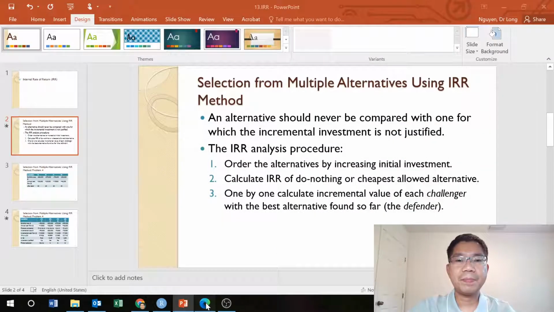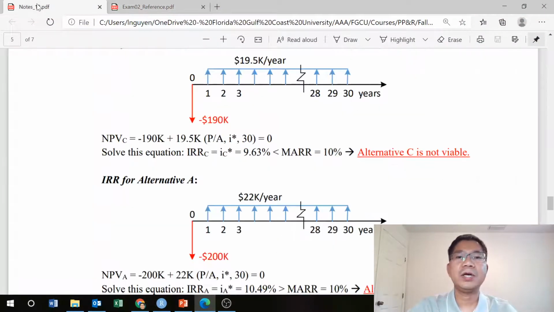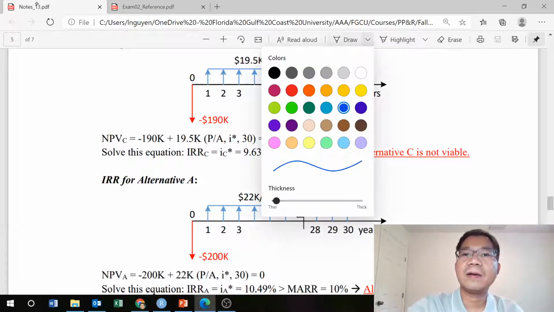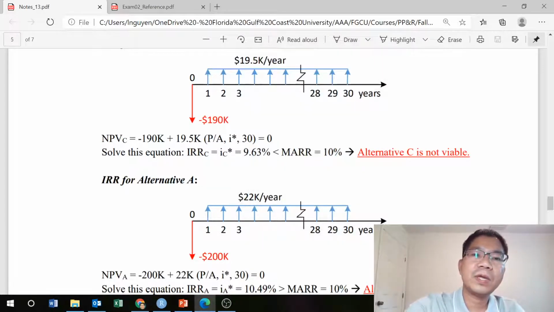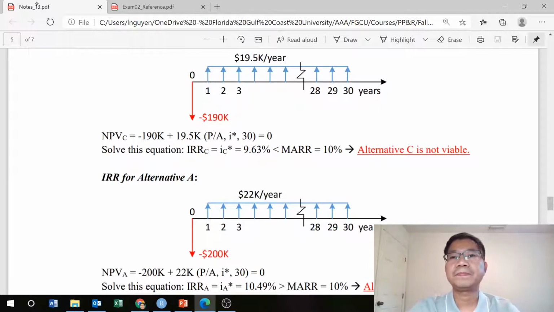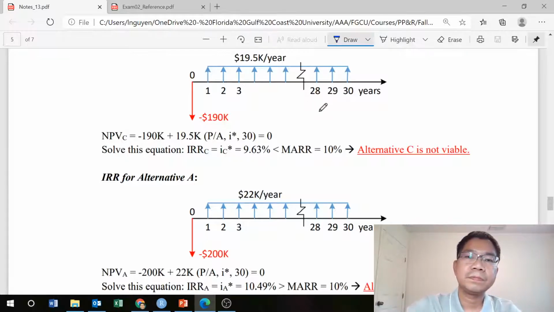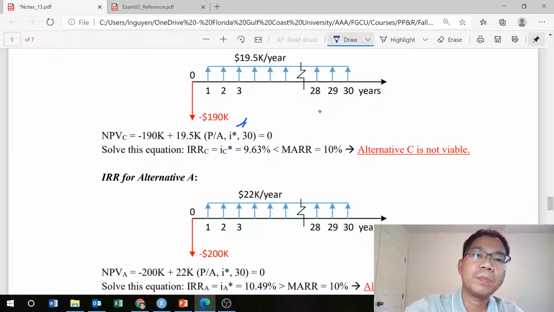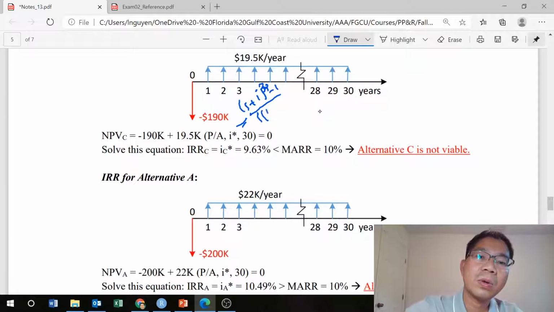So you can plug that in here for that P over A, with (1 plus I) to the power 30 minus 1, over I times (1 plus I) to the power 30.